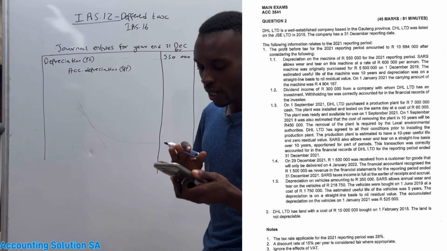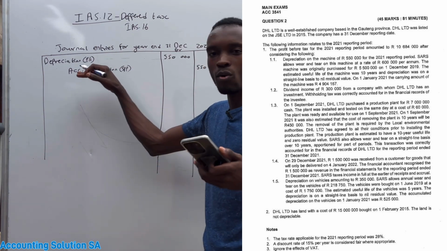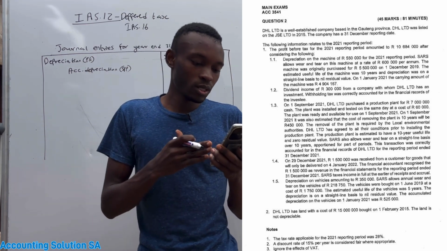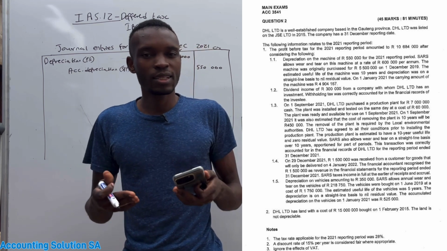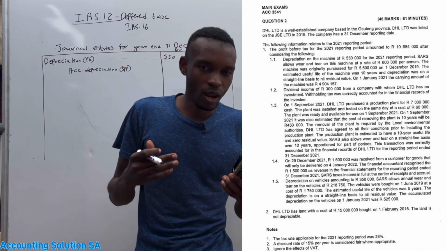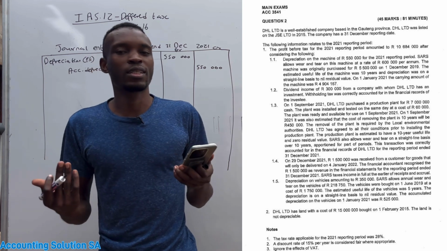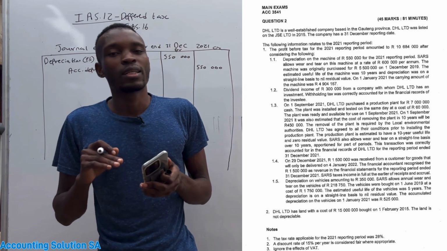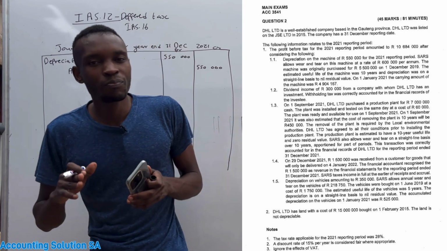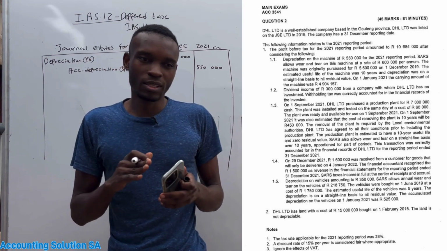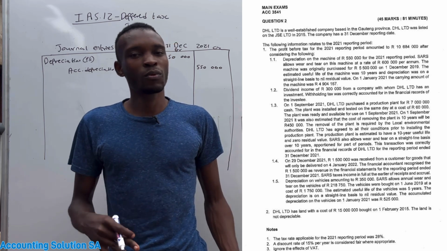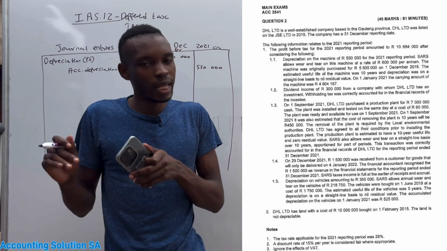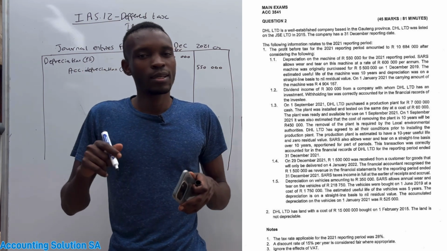Now we have to check so that we can do our deferred tax, because already we have noticed that in accounting we claim less allowance, in other words depreciation, because we claim 550 instead of 600. If you claim less expense, you are going to get more profit, which means on our side we show more profit instead of less profit, because SARS is never wrong.